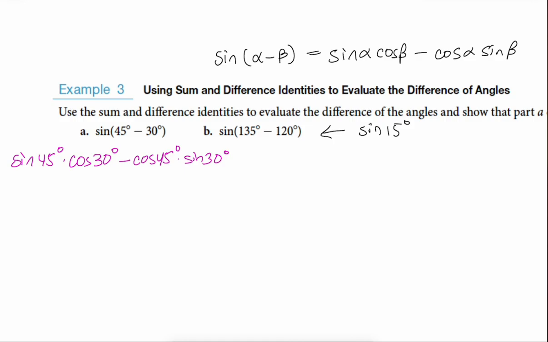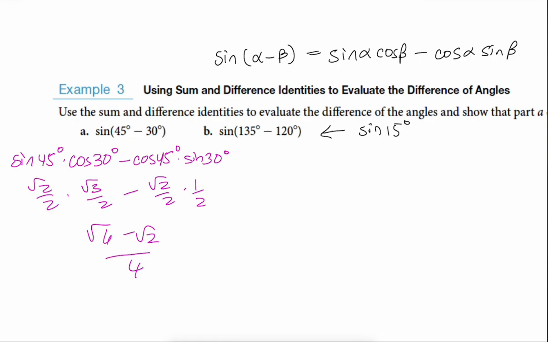And if we use our unit circle for 45 and 30, this is square root of 2 over 2. This is square root of 3 over 2. This is square root of 2 over 2. And this is 1/2. We get square root of 6 minus square root of 2 over 4. Okay, now I did that fast because it's almost exactly like one of the ones we did earlier. So I just want to show you that we're going to get the exact same values.